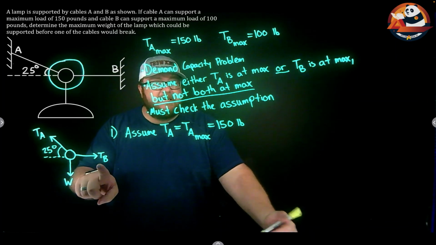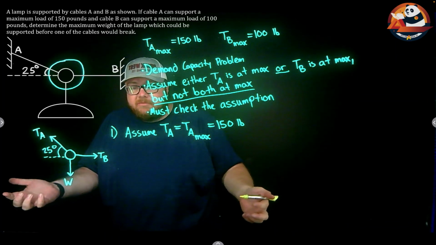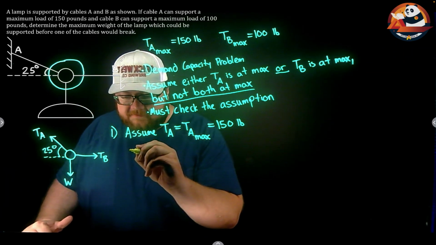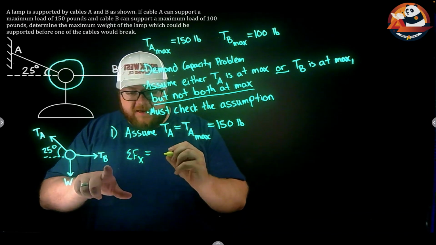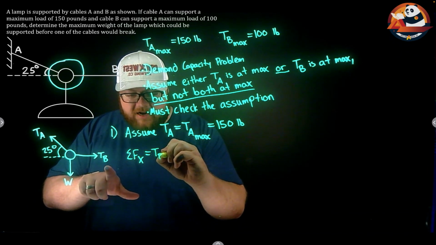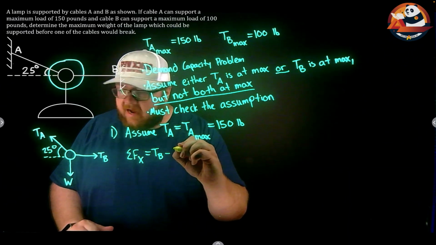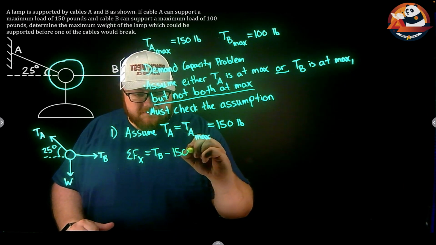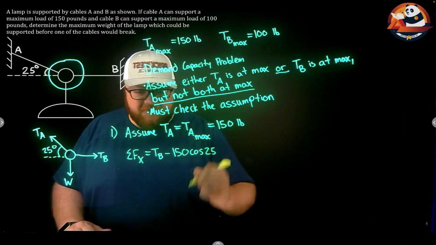I can solve for TB then, and I'll compare it to TB max to decide was this the right assumption or not. I can do that by just summing forces in the x direction. I have TB entirely to the right minus the x component of TA, or minus TA, which I assumed was 150, times the cosine of my angle, cosine 25.